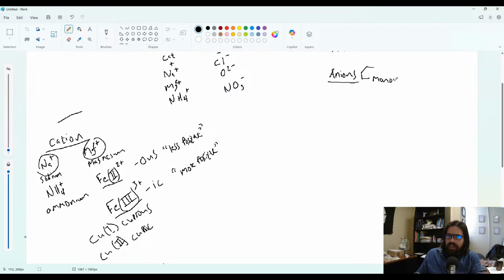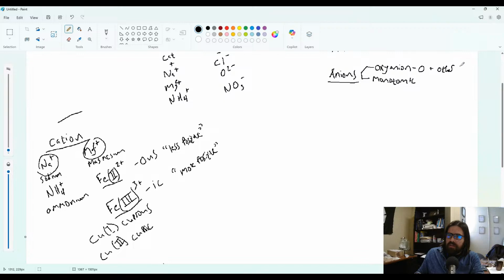So there's monatomic. That's the one much like the cations that we see over on this side, where it's just one atom. But then they also have a bunch of polyatomic ions, and there's a large class called oxyanions. What happens in an oxyanion is it's some combination of oxygen plus some other element.